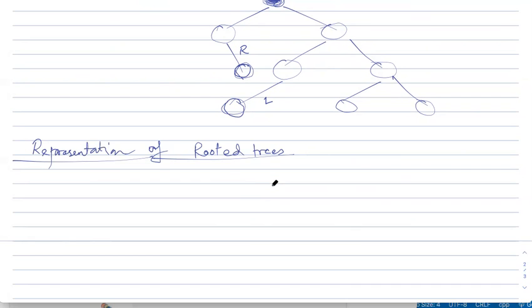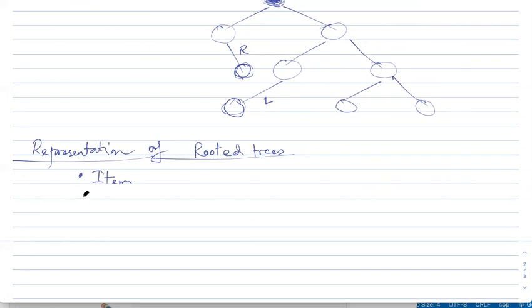Then, if you have a node having 100 children and another node having one child, then you are paying an overhead for wasting 99 slots.